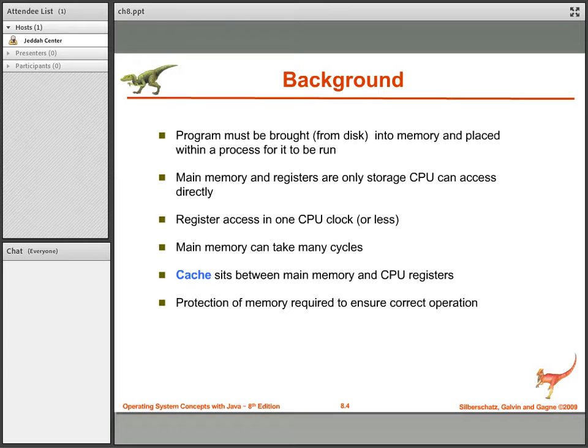The cache, which is also a relatively small memory, sits between the main memory and the CPU registers. And the memory contents have to be protected in order to ensure proper operation, protected in many ways, as we will see in the next few slides.